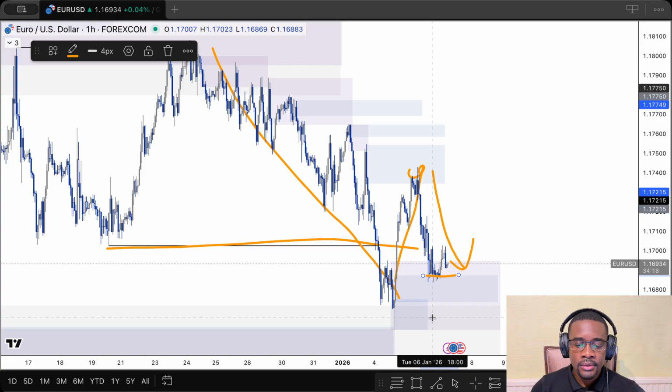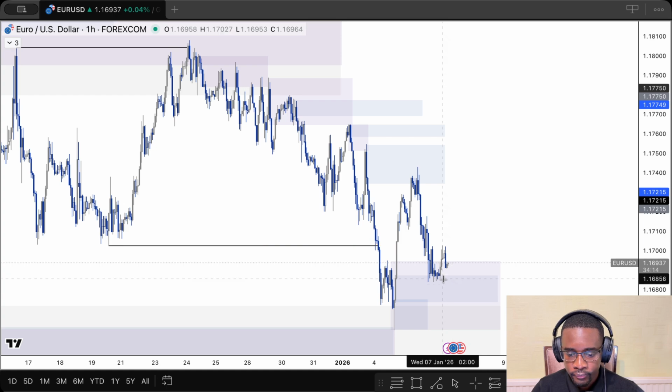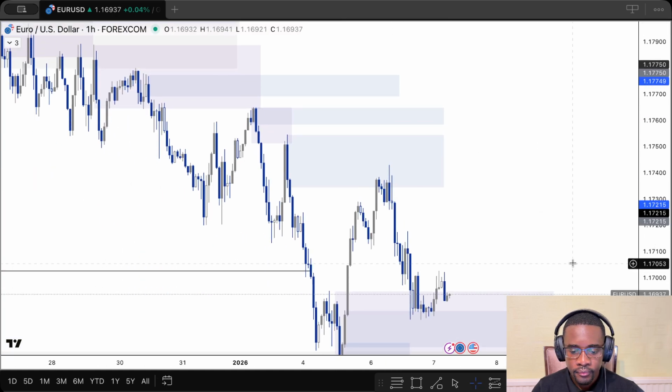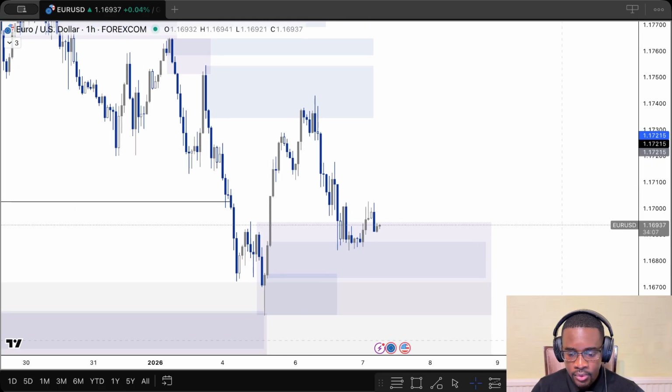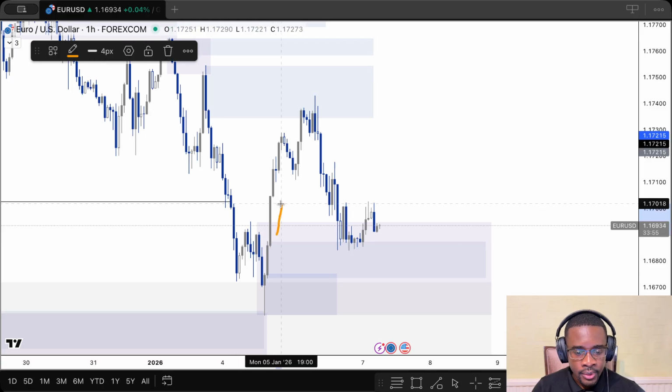This is price reacting at... So here I drew the zone at the candle before the large imbalance, which is this one.